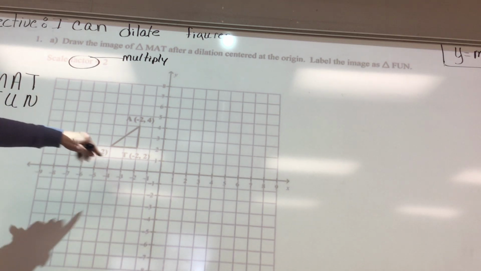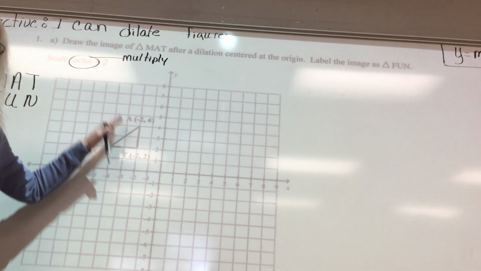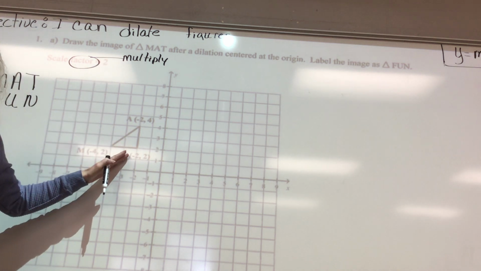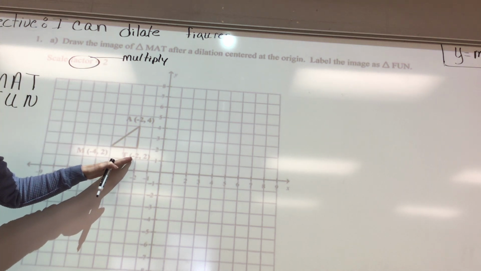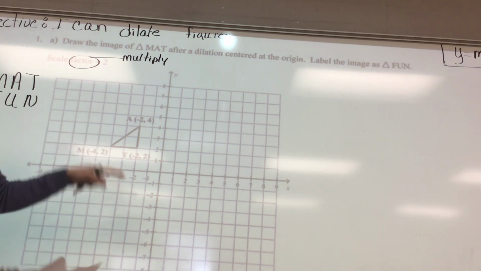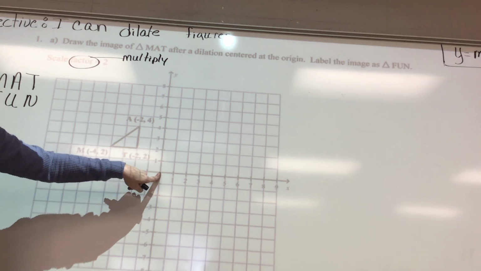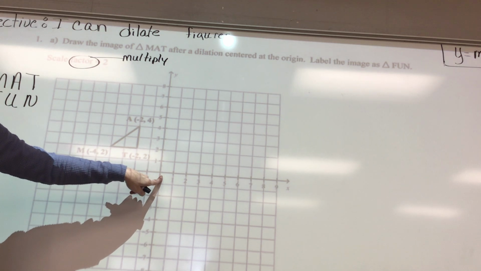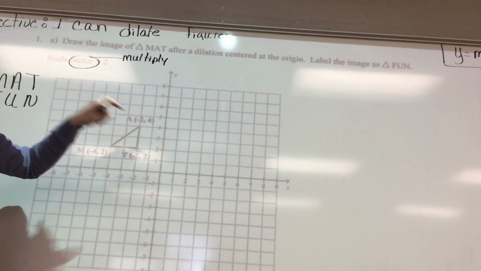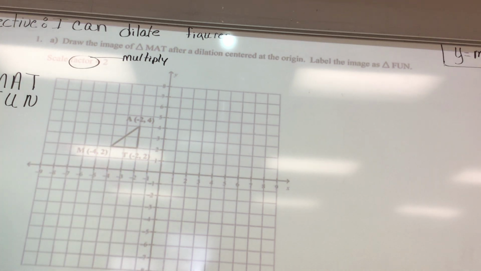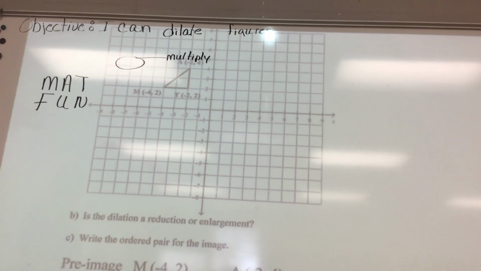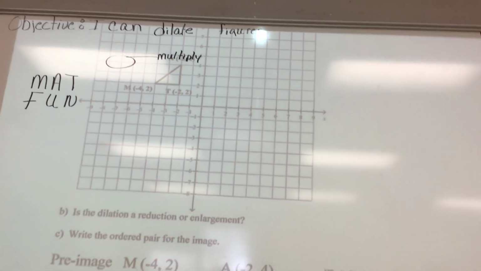So if we are going to dilate this triangle by 2, do you expect it to get bigger, smaller, or stay the same? Bigger. Do you think it's going to get closer to the origin, or farther away from the origin? Closer. Okay, well, let's see what happens when we multiply this.